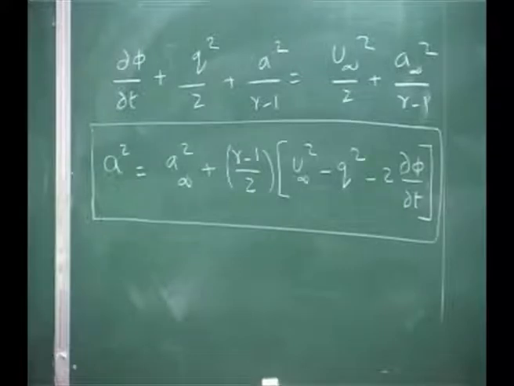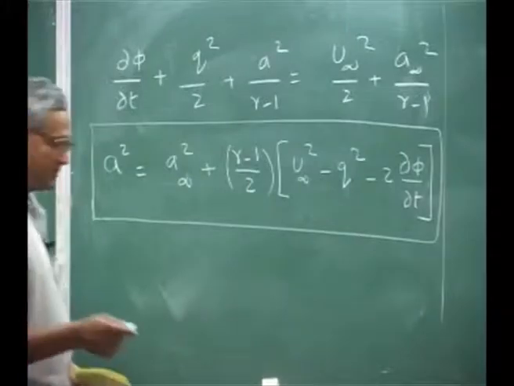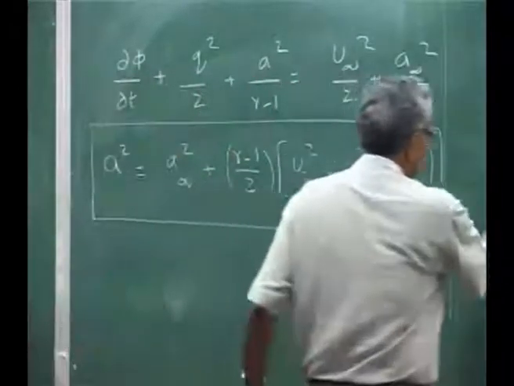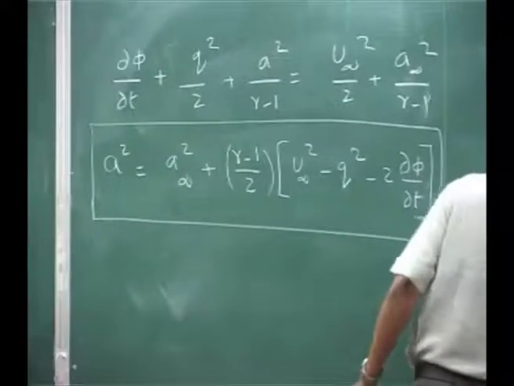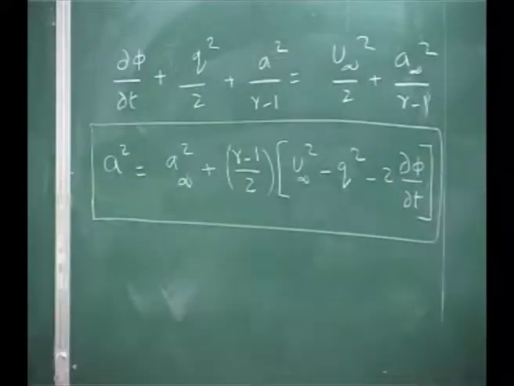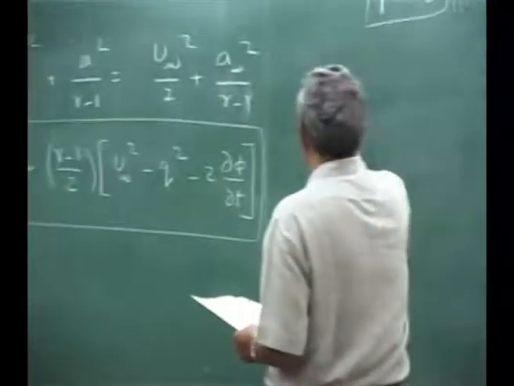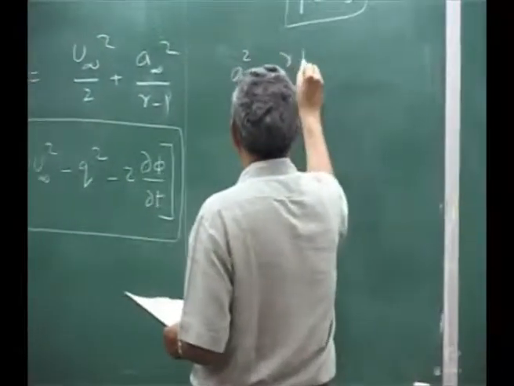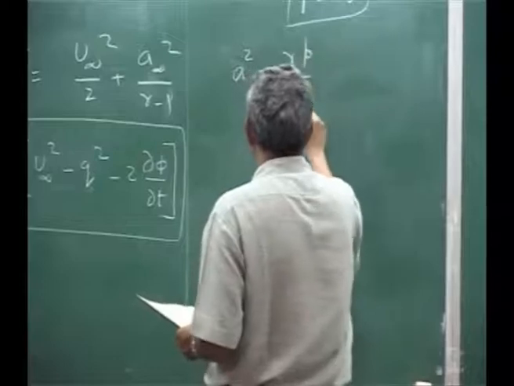Now the same equation is used to get the pressure also. What you do is you know that a square is gamma p, pressure over rho.